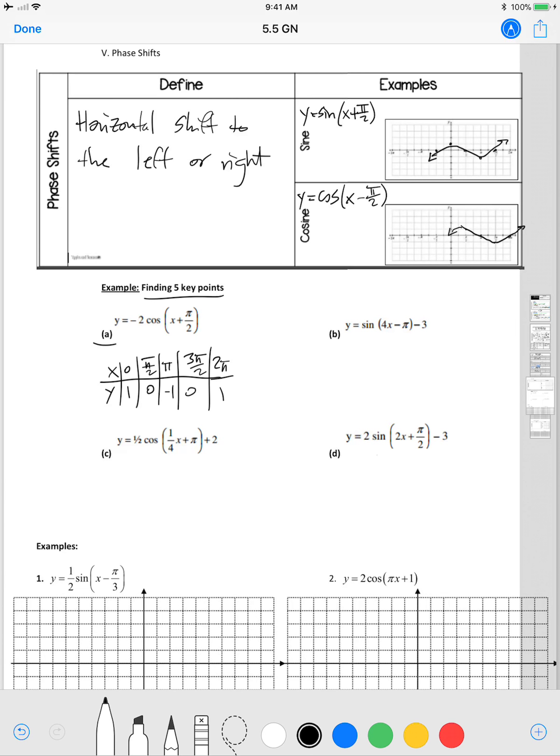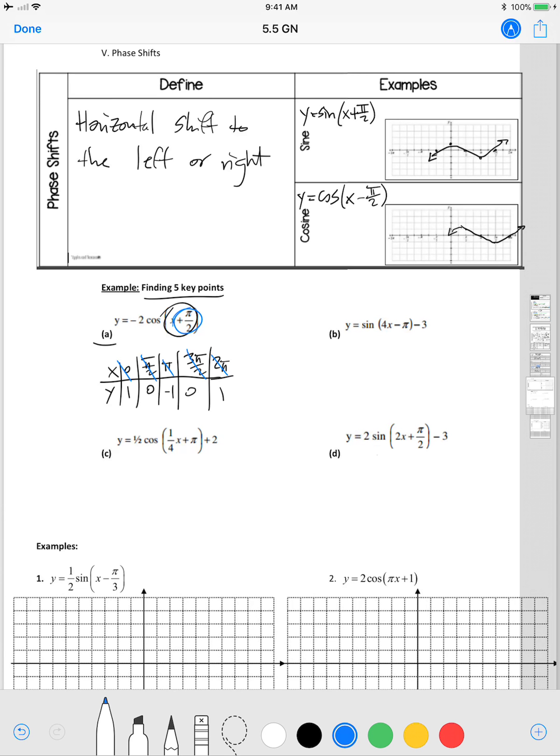So regular cosine of x, and now I follow the order of operations. I'm looking in the parentheses first, x plus pi over 2, but we know it's in the parentheses. I need to do the opposite, so I need to subtract pi over 2 from all my x values.